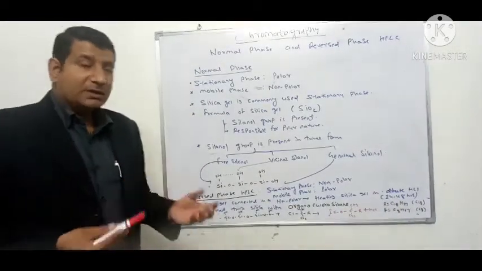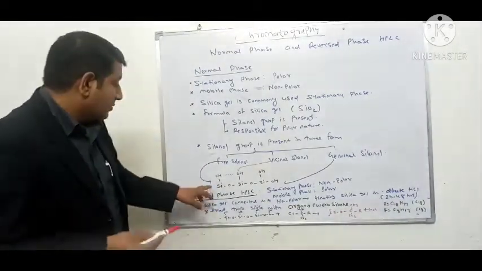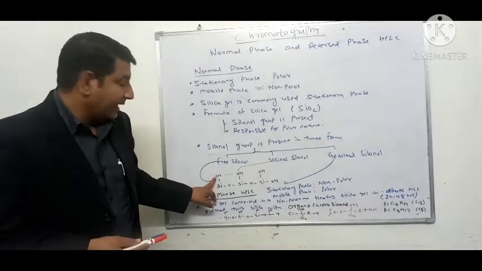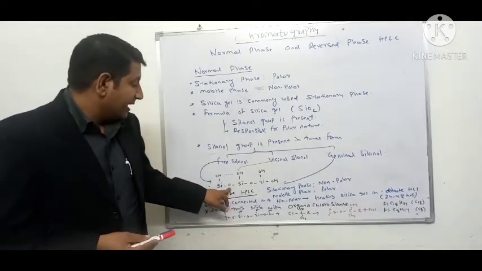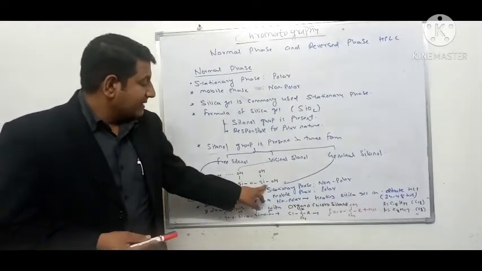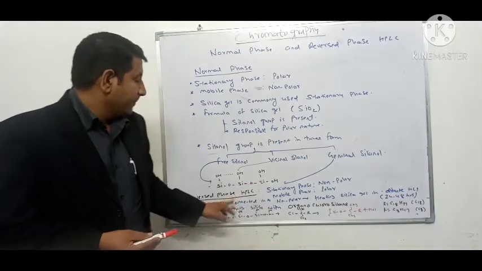If we draw the structure of silica gel, it will be Si with an OH group attached, another Si attached through an oxygen bridge, SiO, then OH.